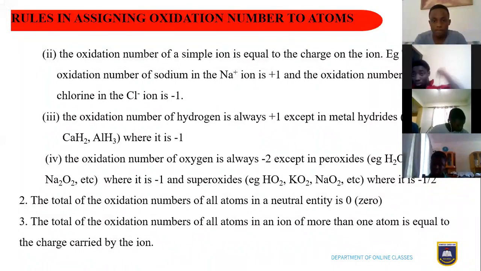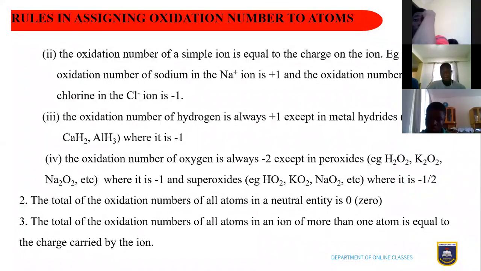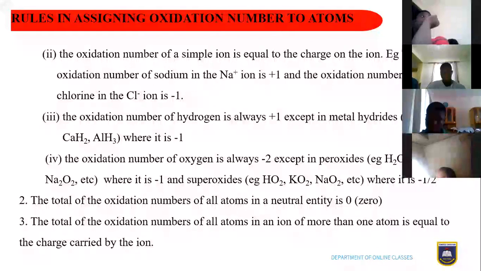Not only that, but also in compounds we call superoxides, why it is -half, and in compounds we call peroxides, why it is -1. But that's for the next lesson. Like I said, that's about calculation, how those charges, the -half and the -1, are arrived at. I would show you in our next class. Thank you. Welcome.